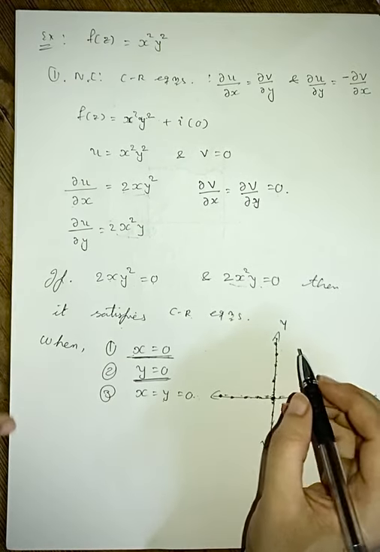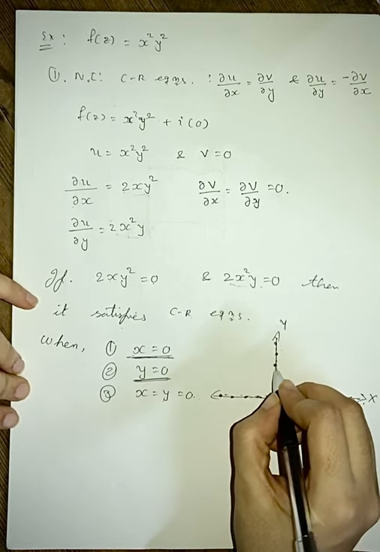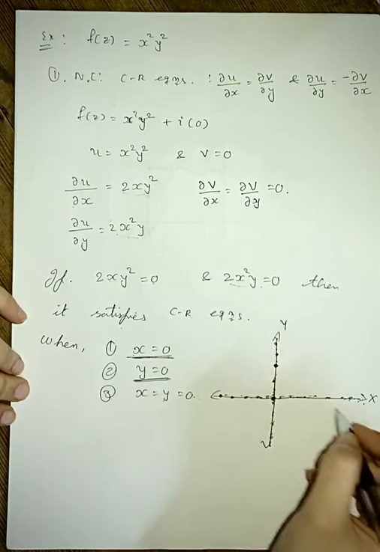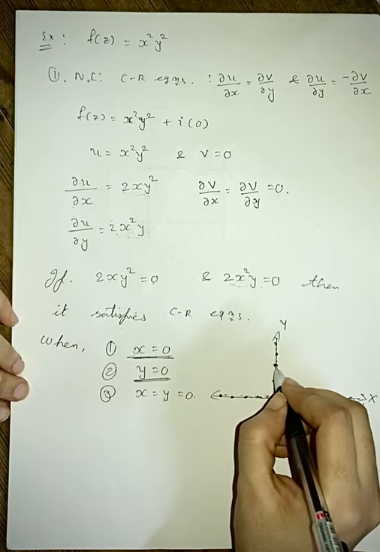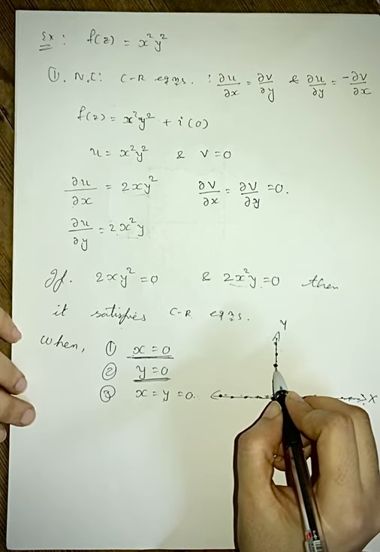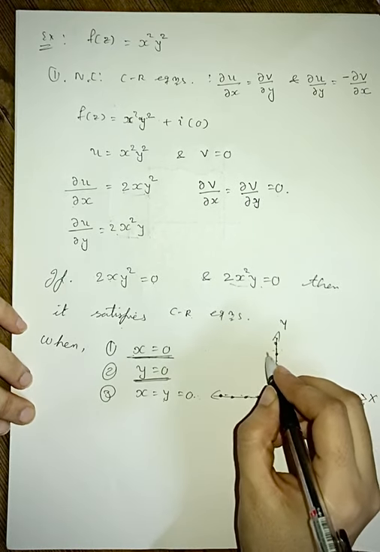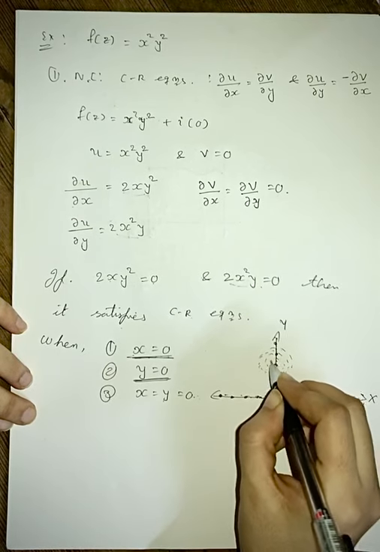But the problem here is that if you consider any random point on any of the coordinate axis, as we said, for the function at a point to be analytic, it should be differentiable at all the points in the neighborhood.